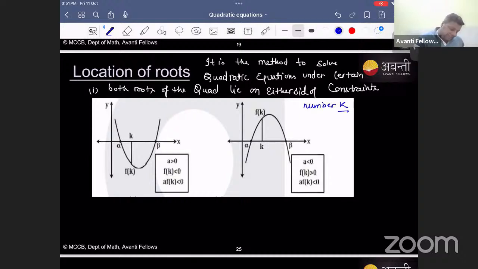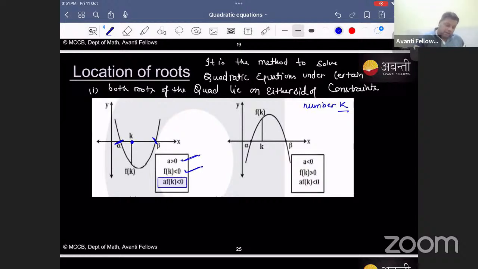So the graph is like this, this is k. One root alpha is in the left, other root beta is in the right. If it is an upward opening parabola, a will be positive, f of k will be negative. So a into f of k will be less than 0.